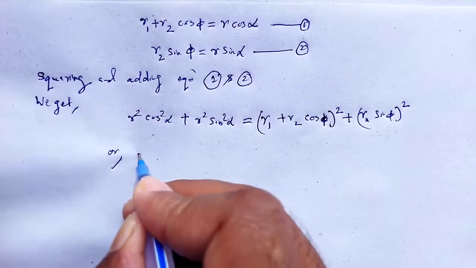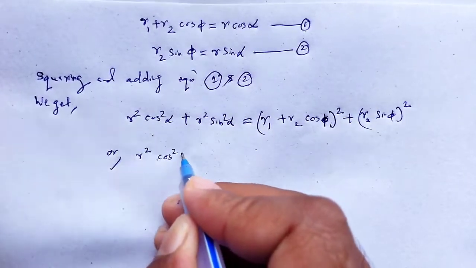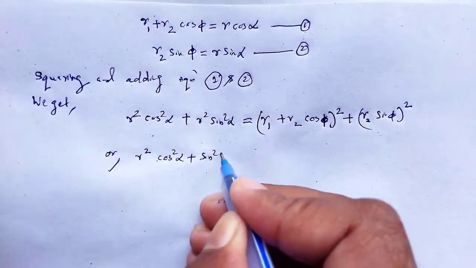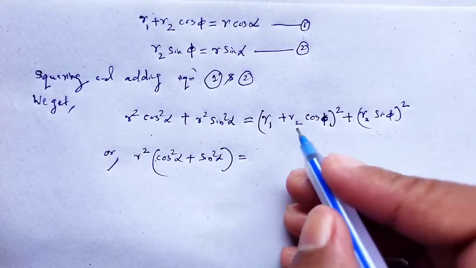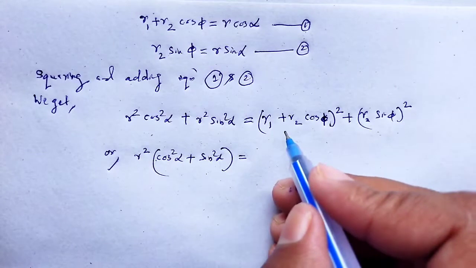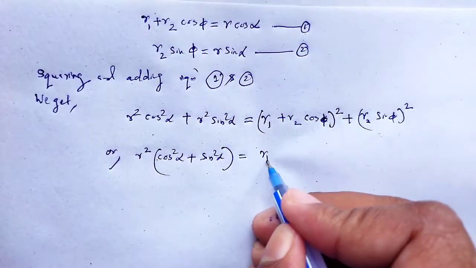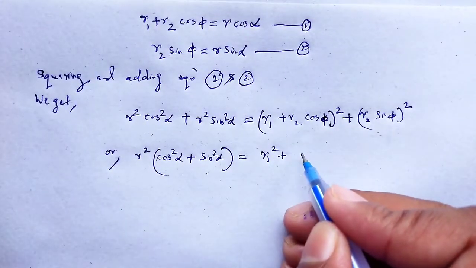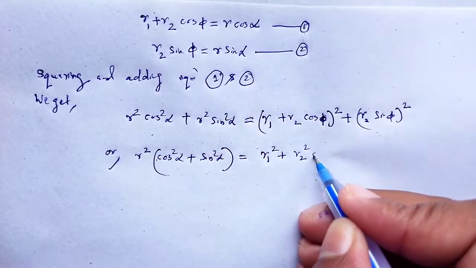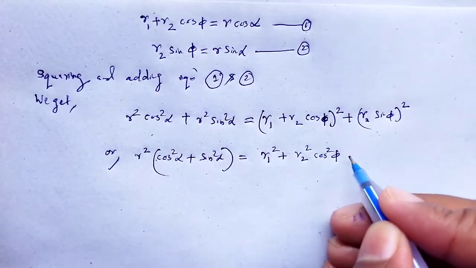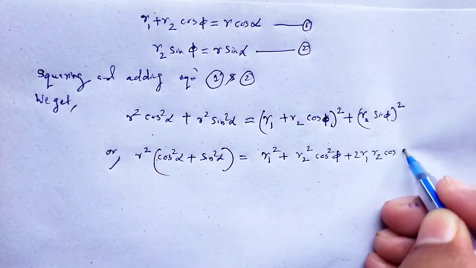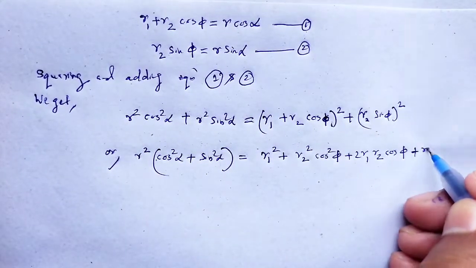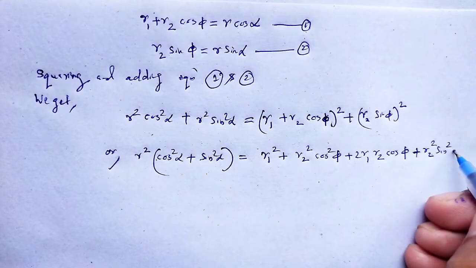Taking r square as common, cos square alpha plus sin square alpha, and expanding using (a plus b) whole square: r1 square plus r2 square cos square phi plus 2 r1 r2 cos phi plus r2 square sin square phi.